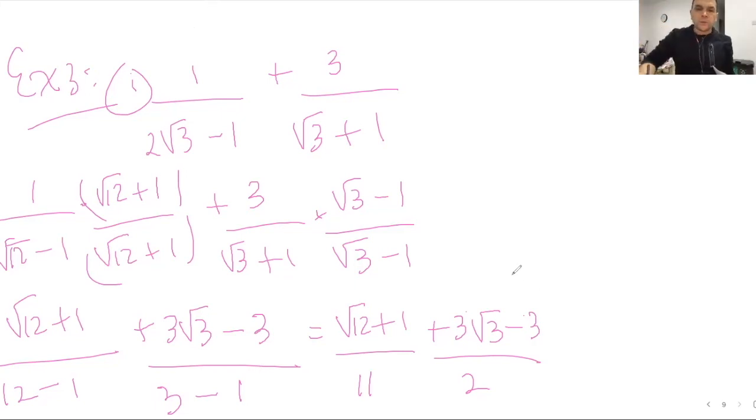All right, so the least common multiple is 22, right?